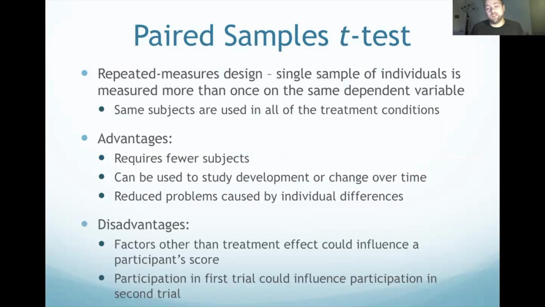There's definitely some disadvantages though. Factors other than treatment effect could influence a participant's score. For the Thursday classes, I mentioned how if we were doing something related to stress and I had a group of students that I measured in January and wanted to measure again at the semester break, if the majority of them lived in the dormitory where the bullet went through the window, that might cause higher levels of stress that I can't account for.